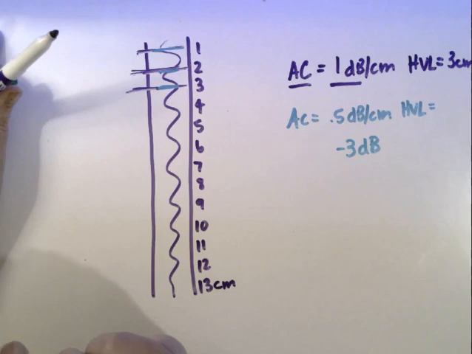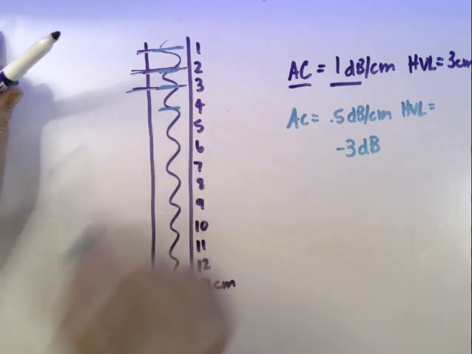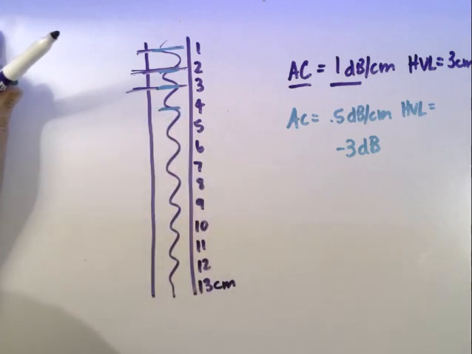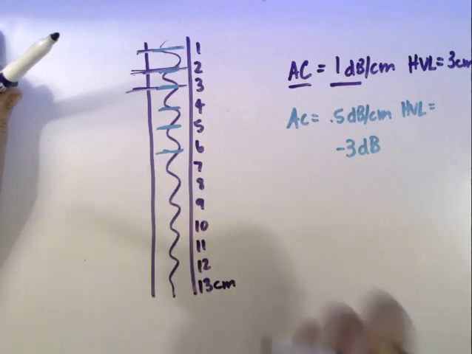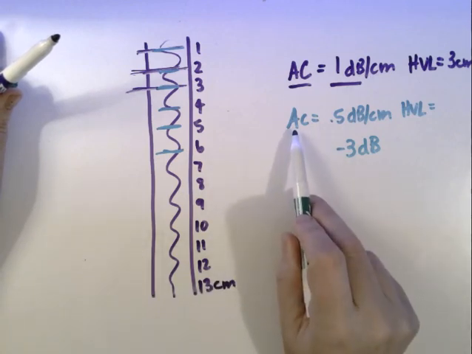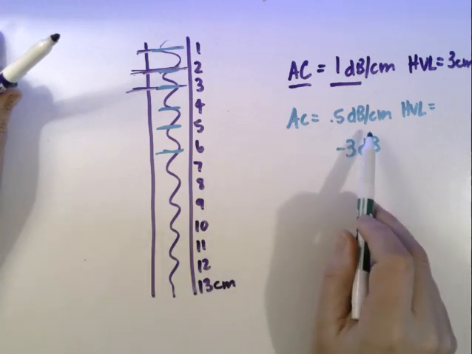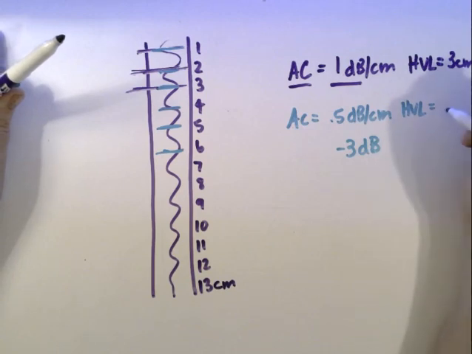At 3 centimeters, we're at 1.5 decibels. At 4, we're at 2 decibels. 5 centimeters in, we're at 2.5 decibels of attenuation. And at 6 centimeters, we get to 3 decibels of attenuation. So for a beam that has an attenuation coefficient of 0.5 decibels per centimeter, the half value layer thickness is 6 centimeters.